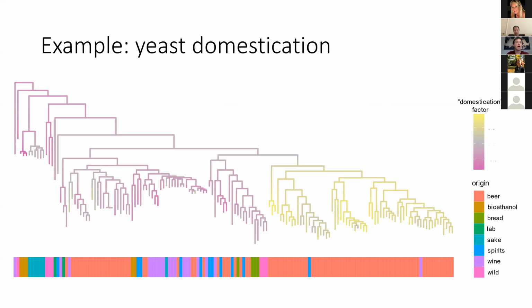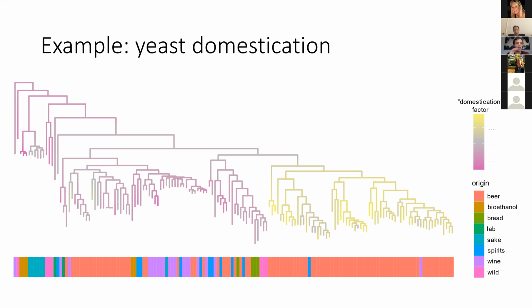To give you an example of some of the analyses that we are working on here, this is still work in progress, but we're looking at the domestication of industrial yeast. So yeast used to brew beer, make wine, bread, ethanol, things like that.